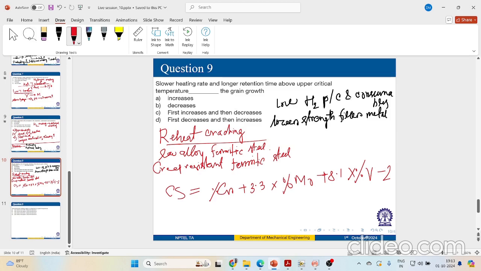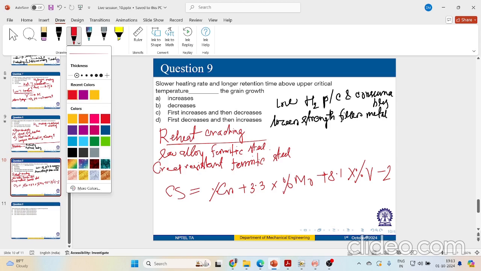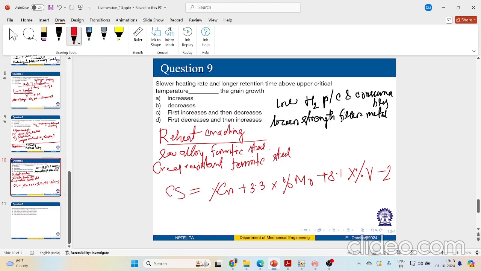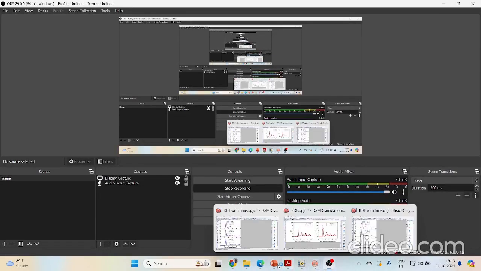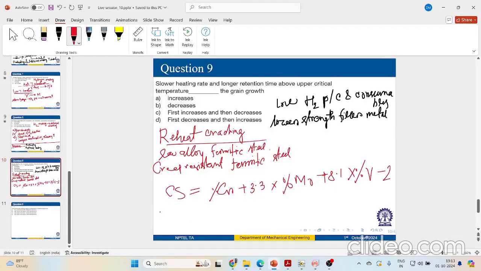But what I can do is this. There will be pre-existing carbides of chromium, molybdenum, vanadium. All those pre-existing carbides will be dissolved, right?